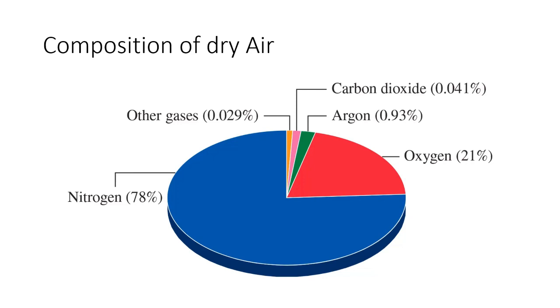Really, carbon dioxide is just a tiny portion of that. It would be like 1/20th the width of the green argon section there. So that was what I was saying about if you have teeny tiny percents, then they almost disappear. They're so small on a pie graph. So those are our major composition.